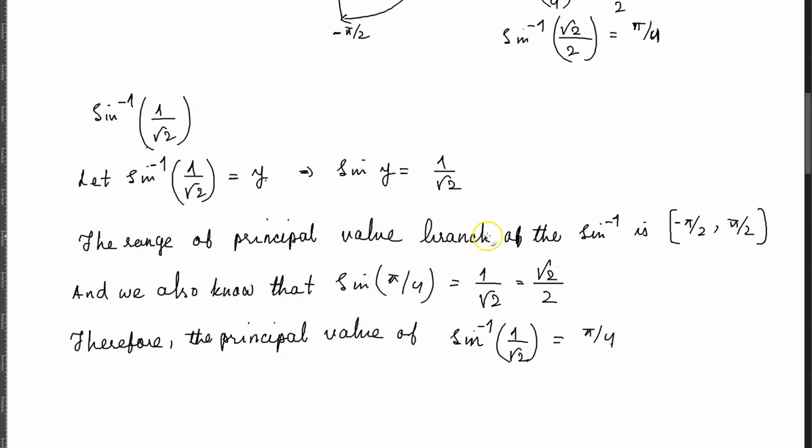So the range of the principal value branch of the sine inverse function is negative pi by 2 to pi by 2, and we also know that the sine of pi by 4 is equal to 1 over square root of 2. Since here we said that sine of y is equal to 1 over square root of 2, therefore you can say that y is equal to pi by 4, or sine inverse of 1 over square root of 2 is equal to pi by 4, right?